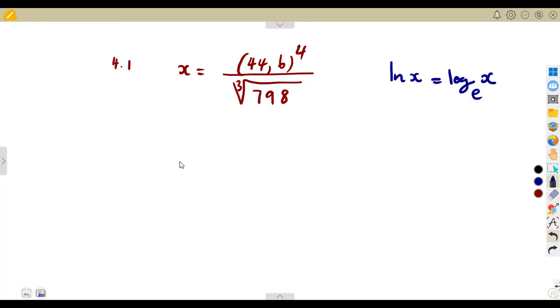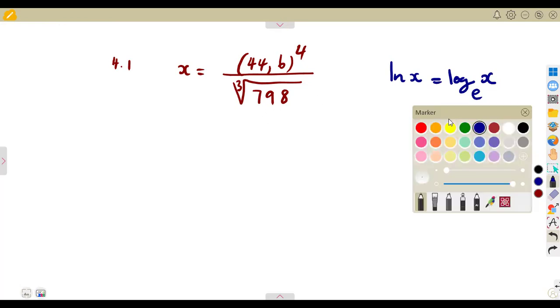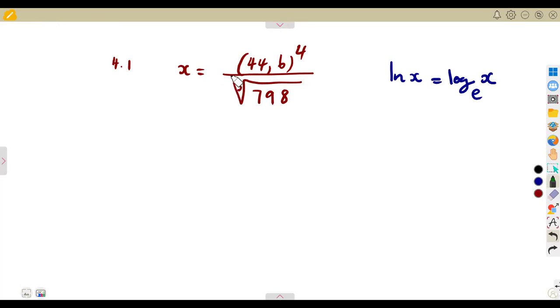Whenever you see the ln of x, it is the logarithm of x in the base of e. So you have to be careful whenever you remove your exponents at the end. Like I said, these are just laws of exponents, laws of logarithms. Remember, if you are dividing these numbers, it means you were subtracting your logarithms, whether it's a log or an ln, it's one and the same thing.